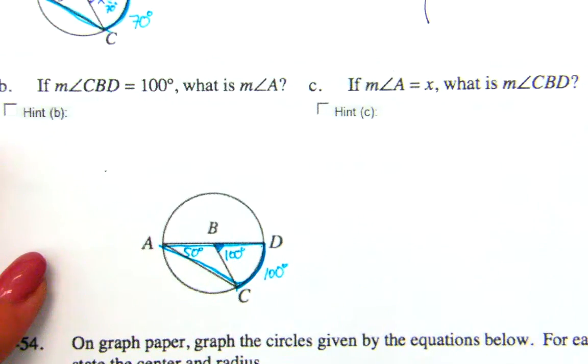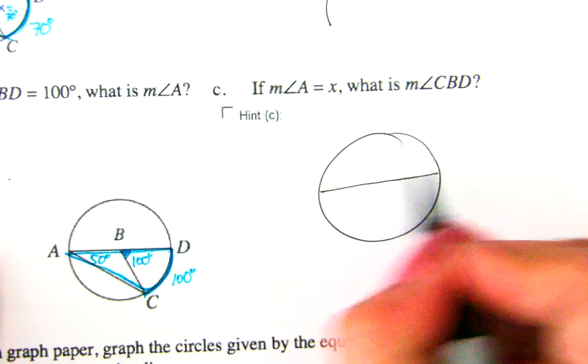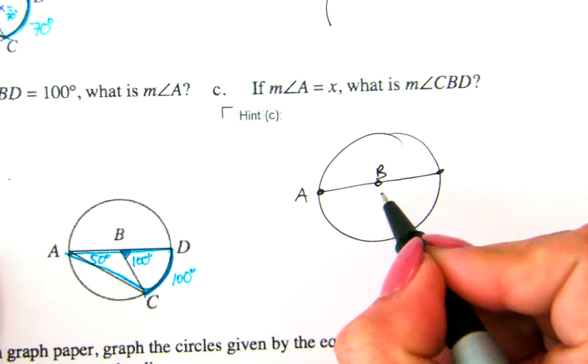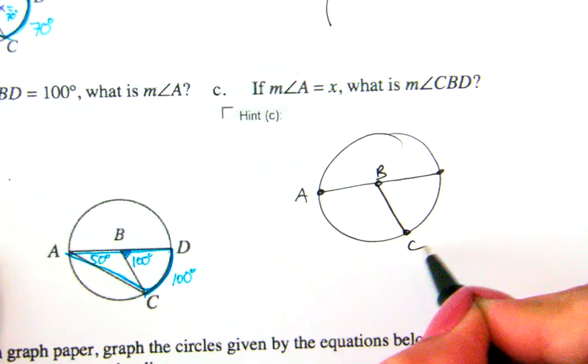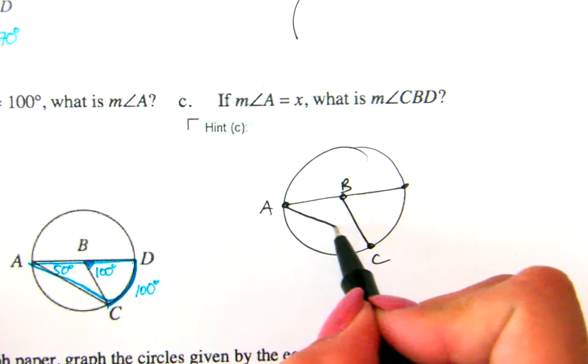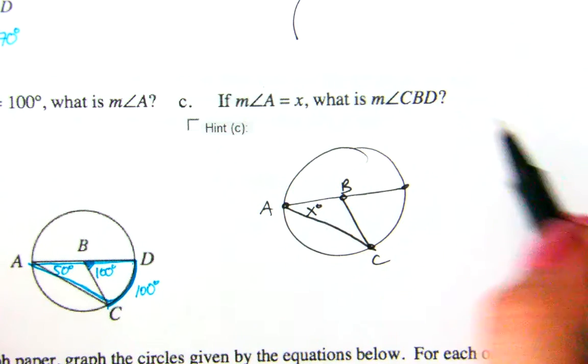And then part C, I actually have to draw a circle because I forgot to draw one. There's A, there's B, and then there's C. A is X. Sorry, I forgot one. So that's X. What is CBD?